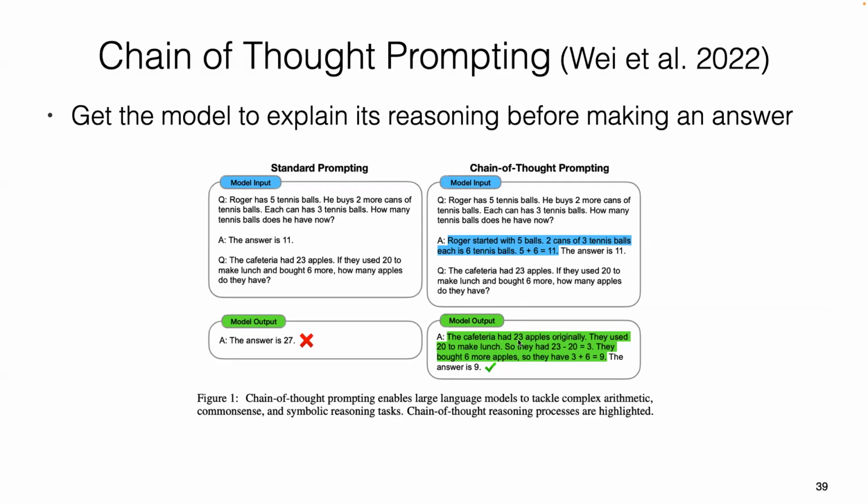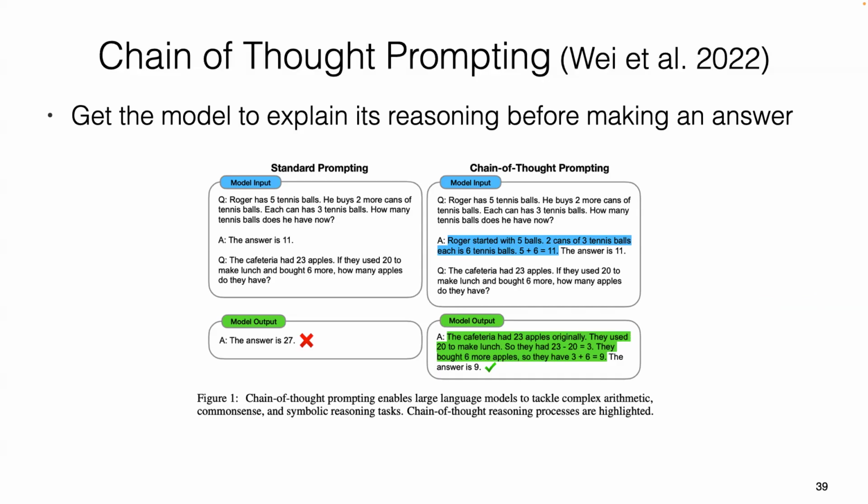Although it might sound simple, this actually leads to much better performance, especially on these reasoning style tasks. We might go into some more detail on this in a later lecture where we talk about AI for math, or language models for math.